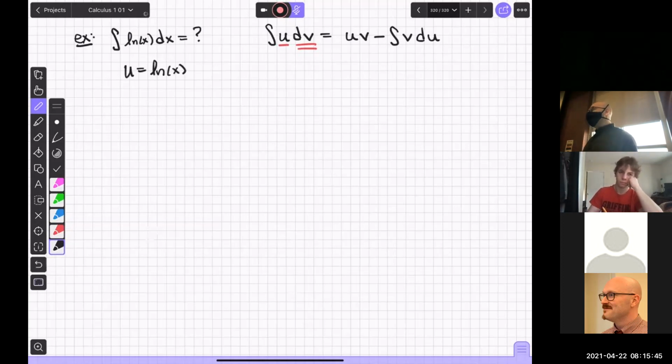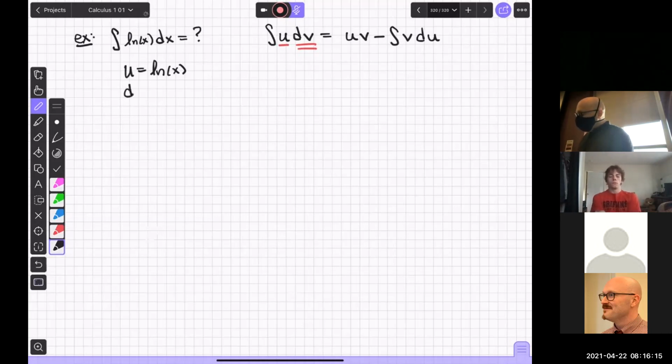So that's our u. So I don't look for any inverse functions. I don't look for any polynomials. I don't look for any exponentials, and I don't look for any trig functions because I had the logarithm. Does that kind of make sense so far? I mean, this is the very first example, but does it make sense that that's the reason why we're picking the u? So it's a methodology.